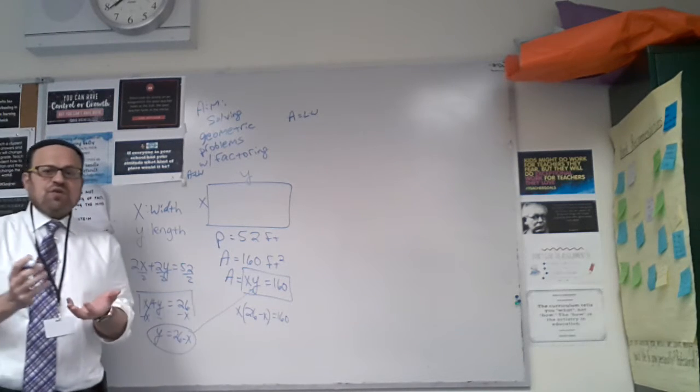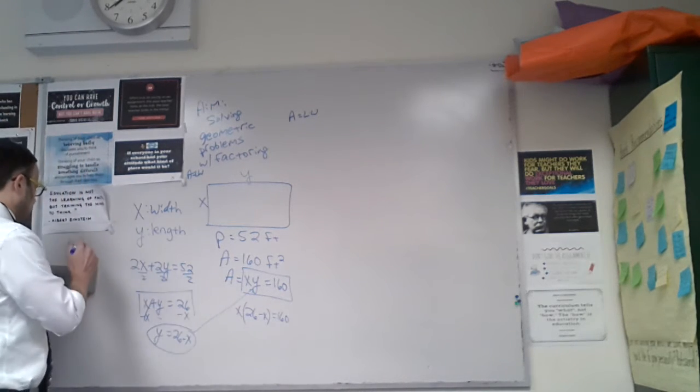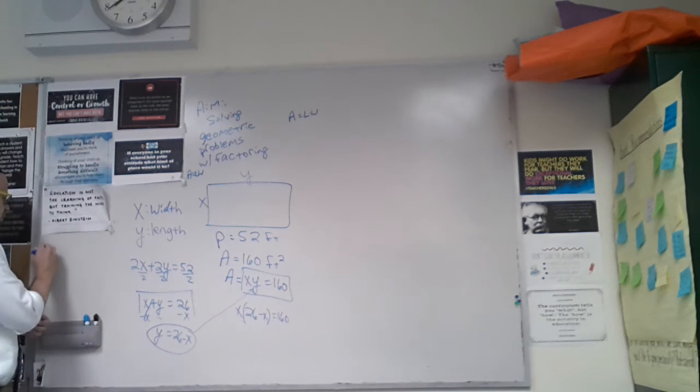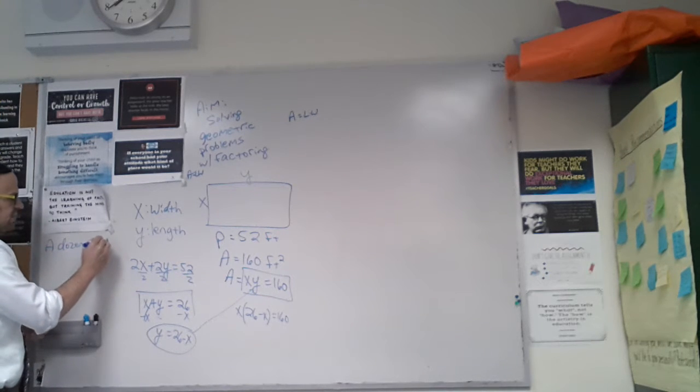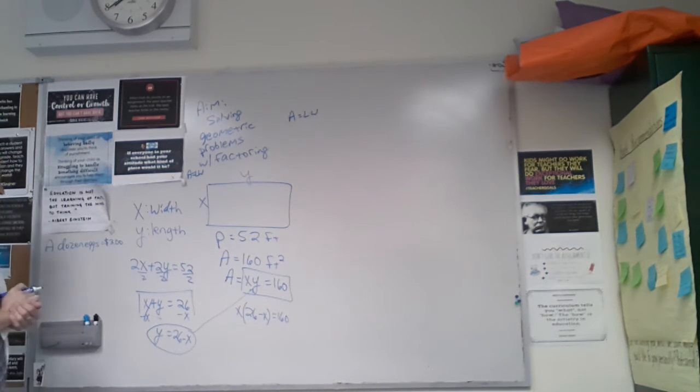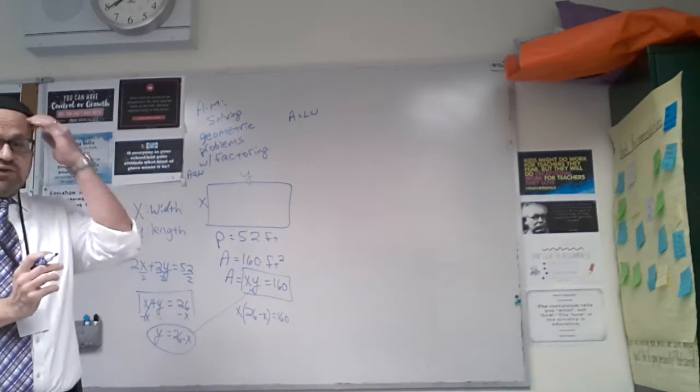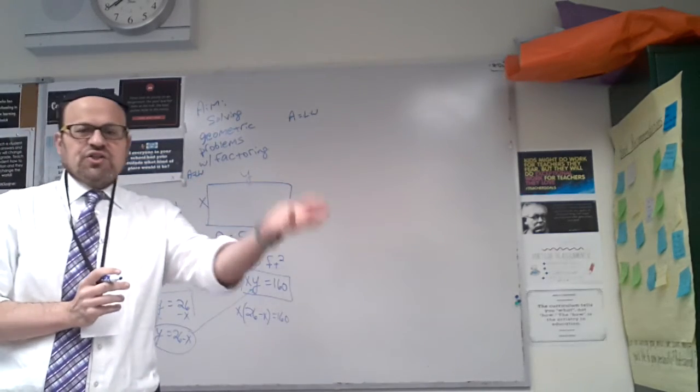Just like we said, if you have a dozen eggs, if I told you a dozen eggs costs $3, how are you going to solve it? Well, you're going to use your knowledge that a dozen is 12.